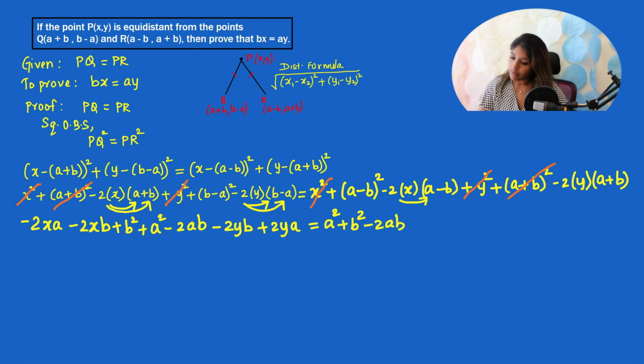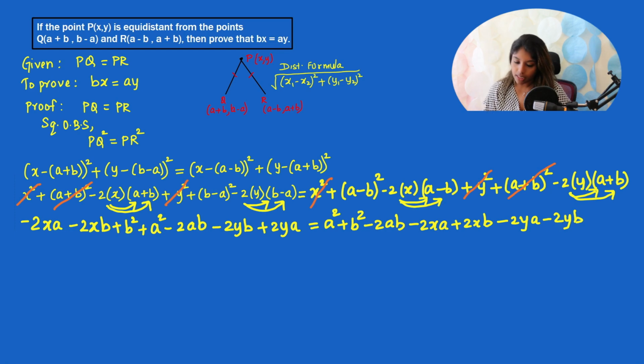And then when I simplify this using the distributive property, I get negative 2xa. Negative times negative is positive 2xb. And then I have again the distributive property. I get negative 2ya. Negative times positive is negative 2yb.